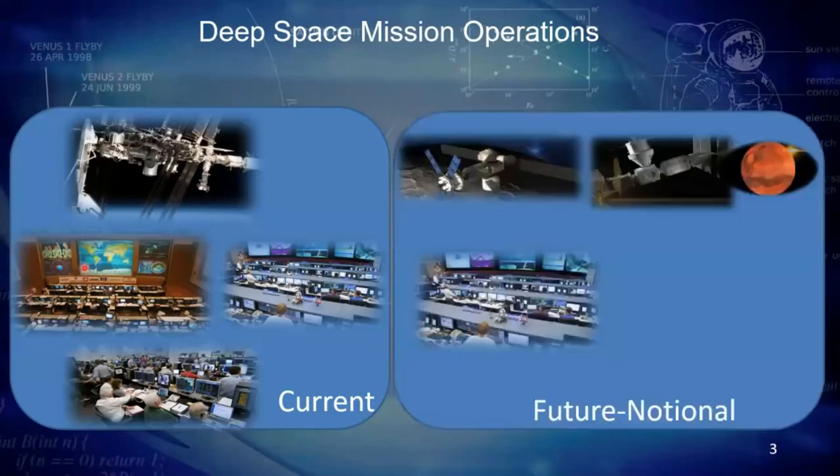So let's fast forward to the future, and this is notional, that we'll have an orbiting gateway at the moon. Let's call it the Moon Space Station, for lack of a better term.